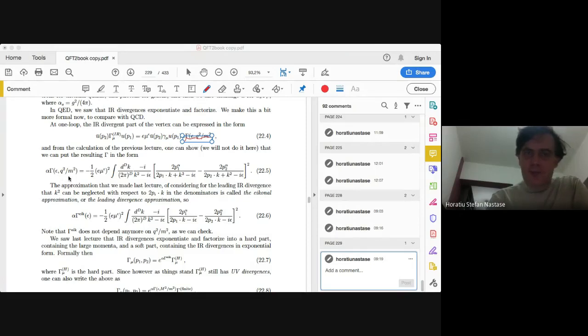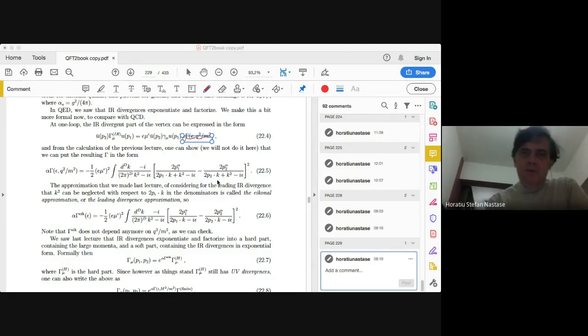So then alpha gamma can be expressed in this way. So really, from the calculation we had before, you can look it up, and you can show that it can be written in this way.